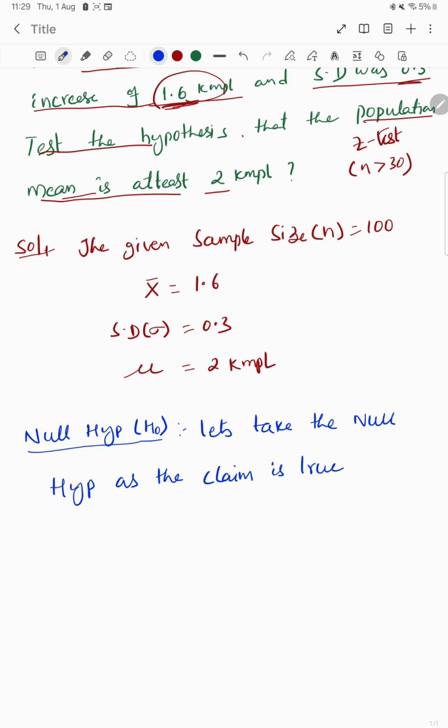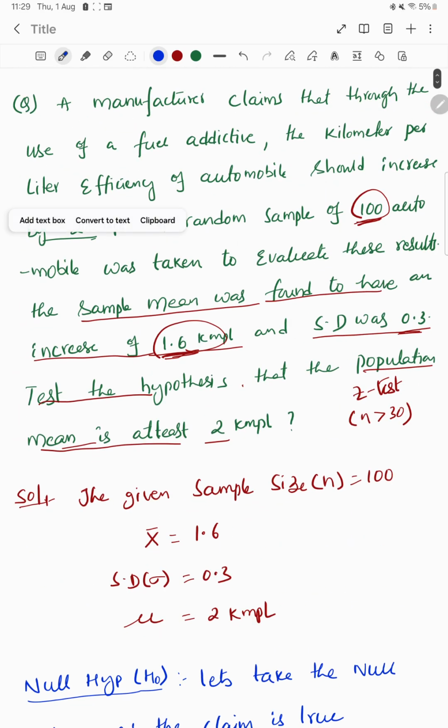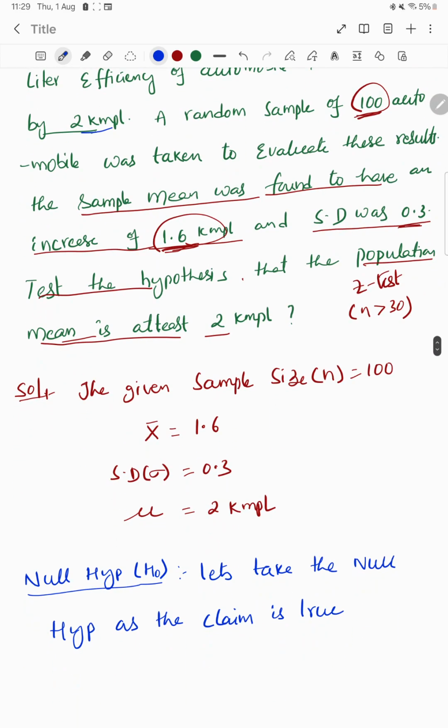So what is the claim here? They're claiming that the kilometers per liter efficiency of the automobile should increase. They're claiming that it will increase the efficiency of the automobile by 2 kilometers per liter.